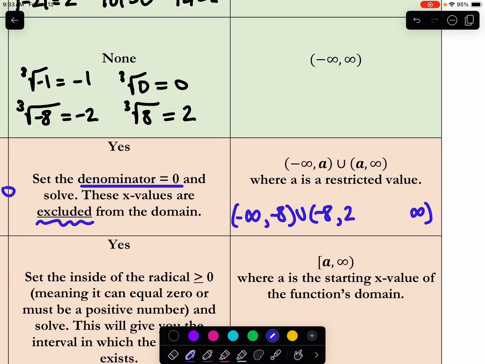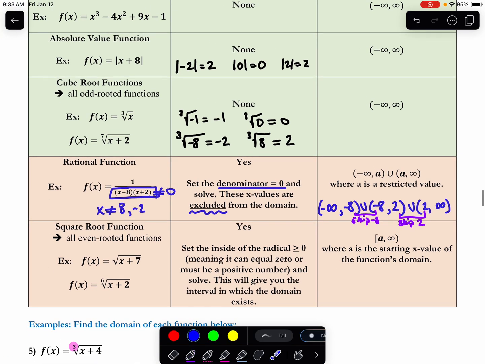And then we keep going until 8, where we have to skip over 8, and then we continue to positive infinity. So when you have a rational function, whatever makes the denominator 0, we have to skip over those. We cannot include those in our domain.